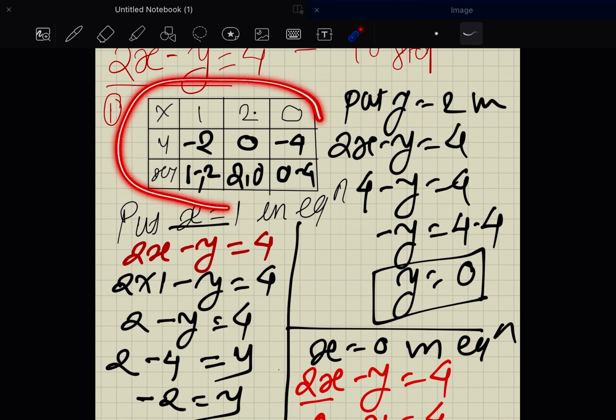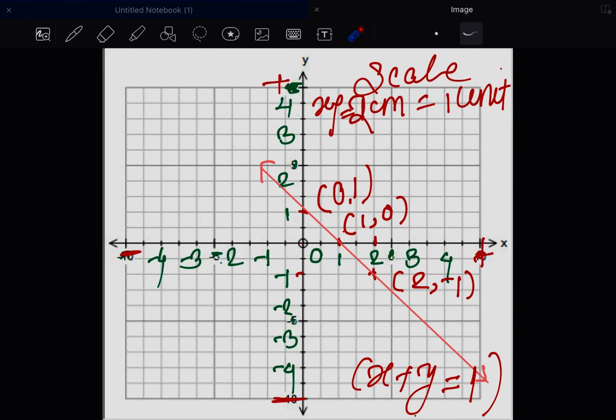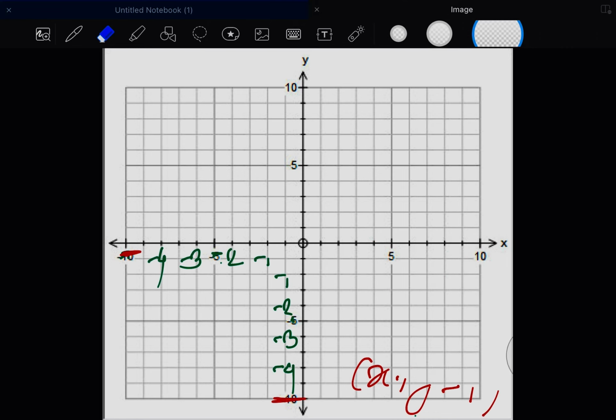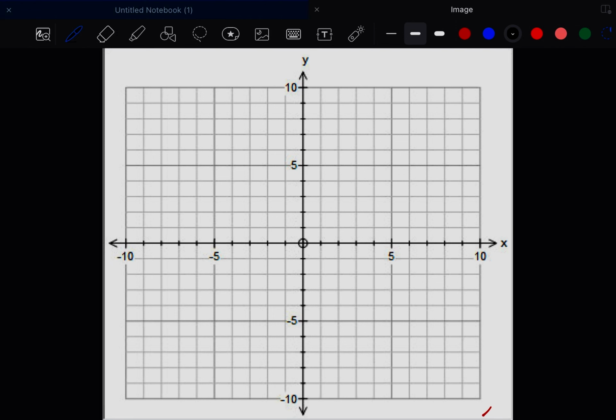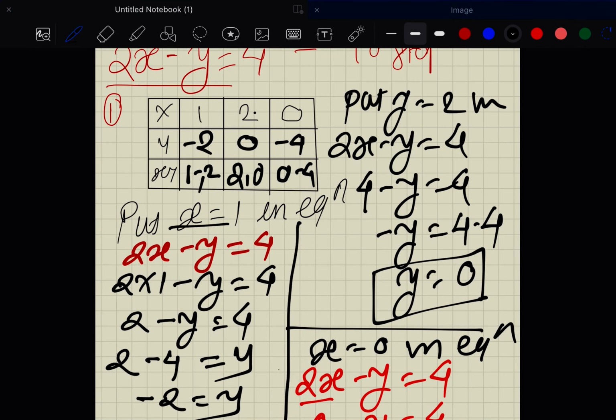So this is the table, and now we are going to plot the graph for this table. So let's move to the graph once again. First of all, we have to erase all this stuff. Now, as in the previous case, let's find out the limit. The x-axis coordinates start from 0 to 2, and the y-axis goes from minus 2 to minus 4.